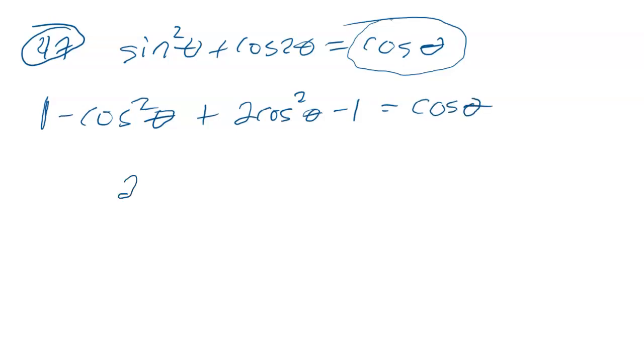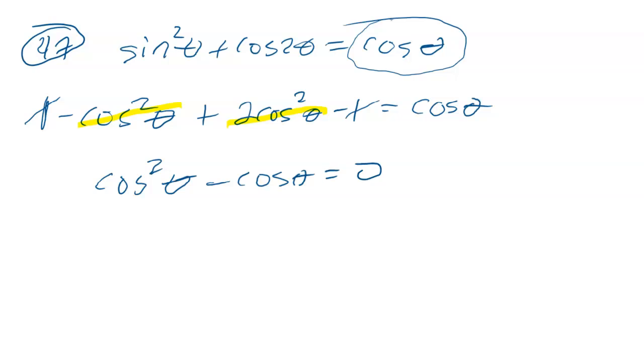Let's see. So I get 2 cosine. Oops. This and this will combine just to be 1 cosine squared theta. The 1's are going to cancel out. I'll bring over the minus cosine theta and set this equal to 0.